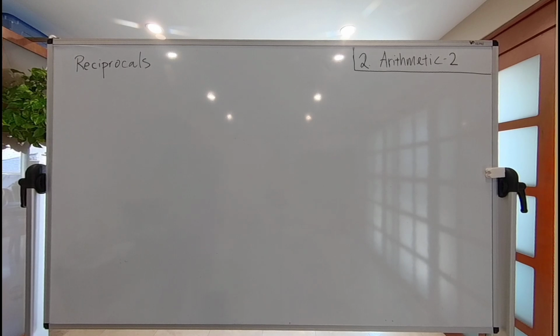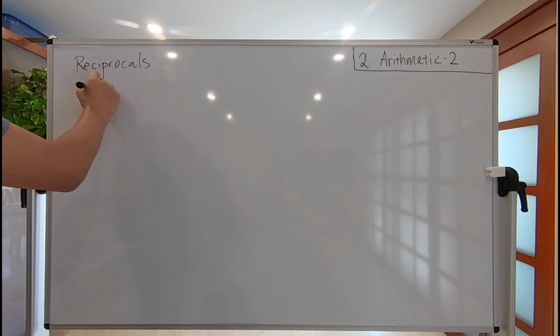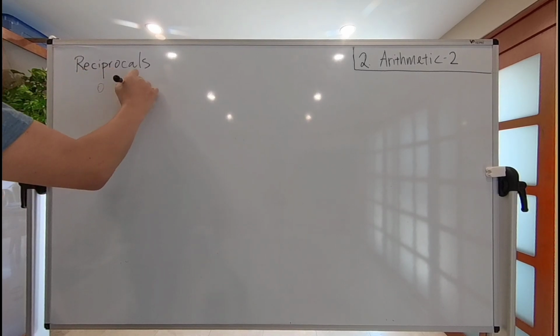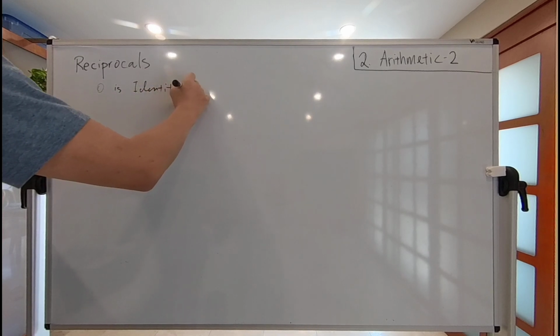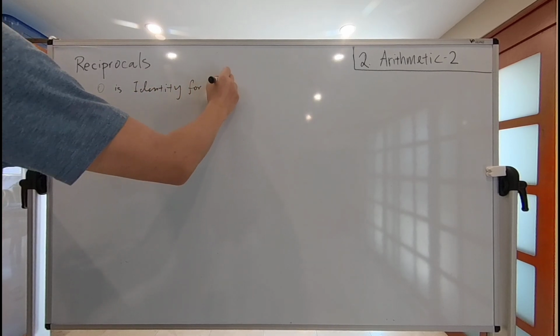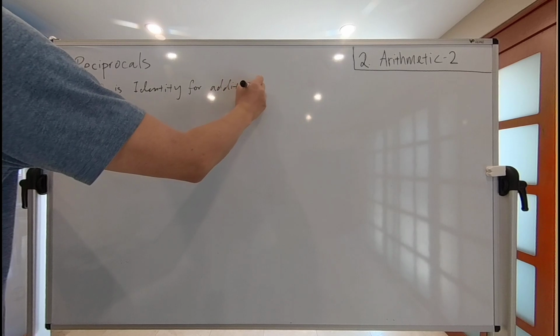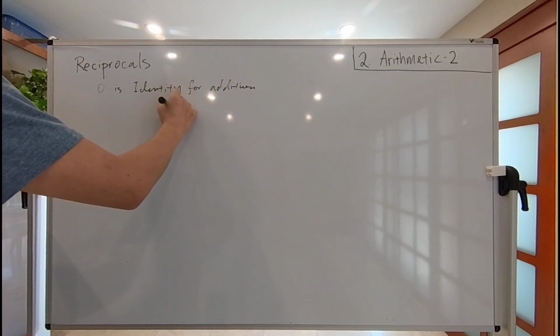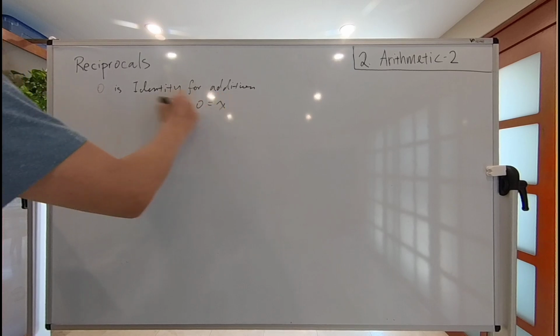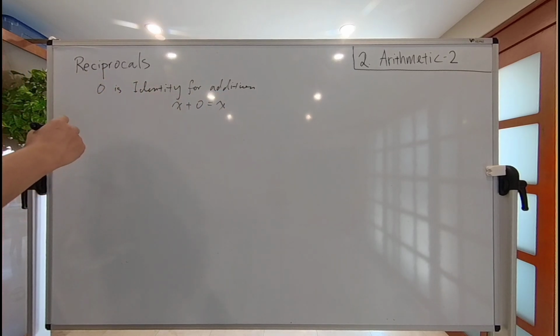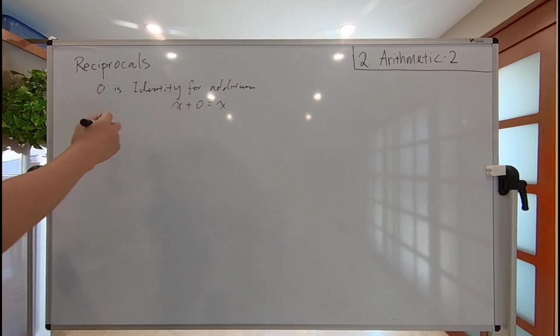So let's first recall from addition. From addition we know that 0 is the identity for addition, such that any number plus 0 is the number itself, right? So this is under addition.